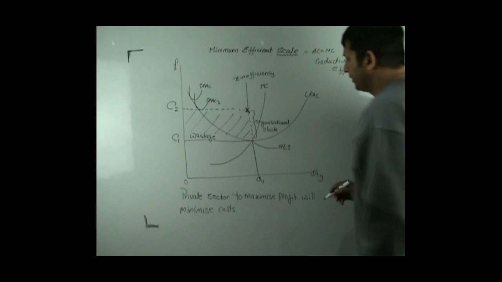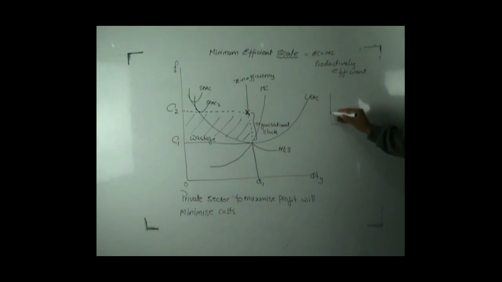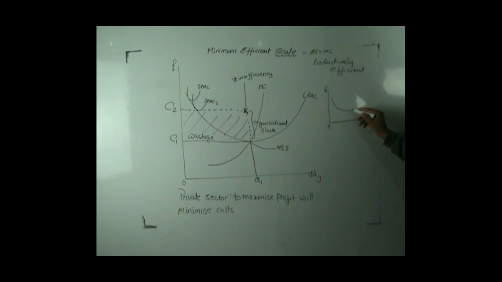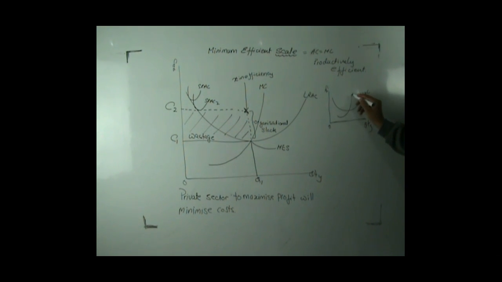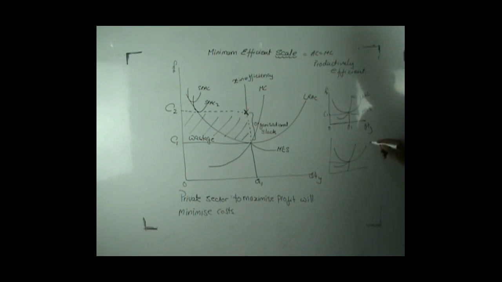So I can have one diagram to show what we've done. Pound, quantity, 0, set LRAC, where the MC cuts LRAC right at the bottom. This is our MES, Q1, C1. And because public organizations do not have a profit motive, they do not minimize their costs.